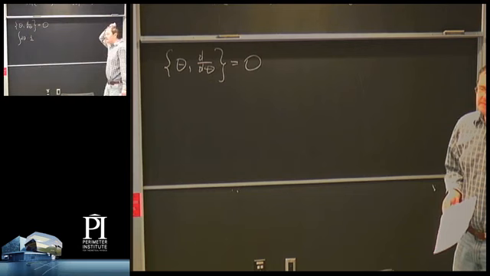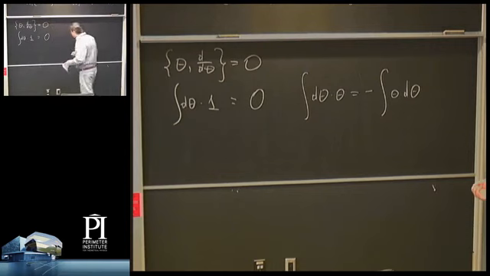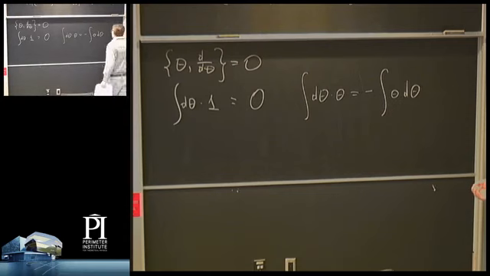We define the integral of d theta of 1 to be equal to 0, and the integral of d theta of theta is going to be equal to minus the integral of theta d theta. So the differential d theta anti-commutes, that's the minus sign here, and this integral is equal to 1.